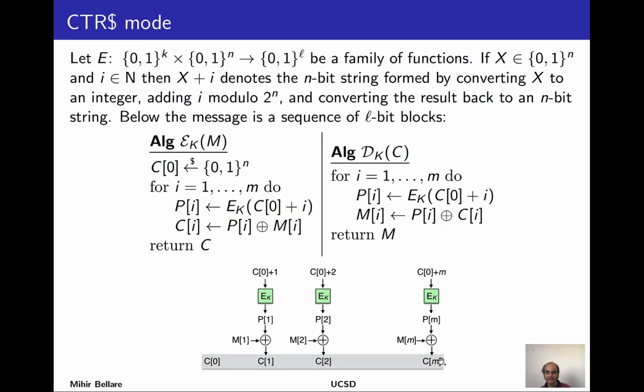And then by adding the ciphertext to those, it recovers the message blocks. So the message is recovered by this formula. And that's it. A few little things that may be worth remarking. This ciphertext has M+1 blocks, not all of the same length. This is N bits. Each of these is L bits.